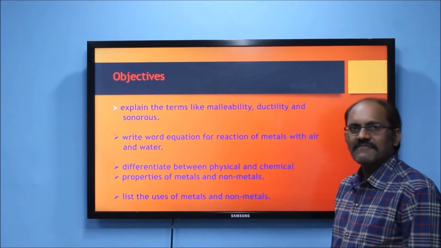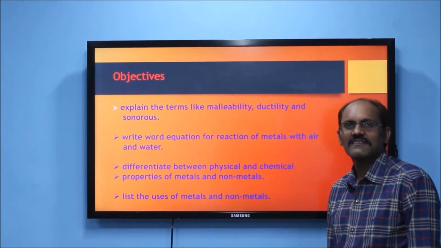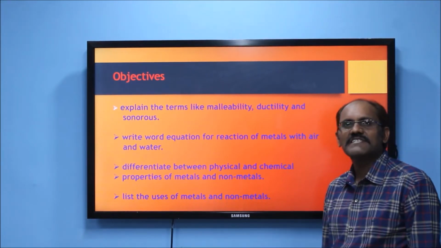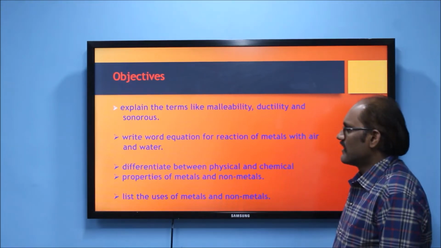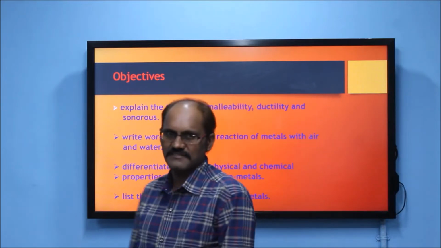They write word equations for the reactions of metals with oxygen and water. They differentiate between the physical and chemical properties of metals and non-metals. They list out various uses of metals and non-metals.